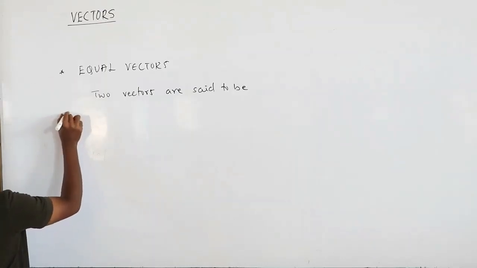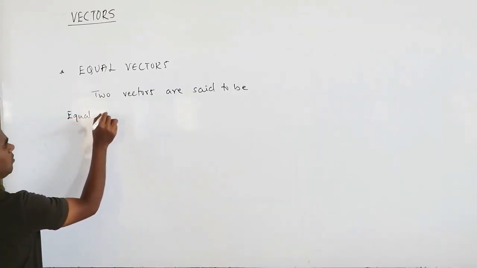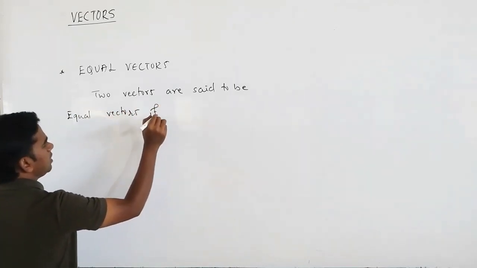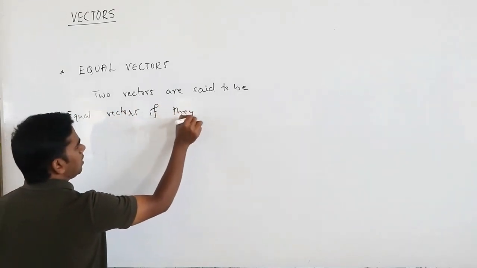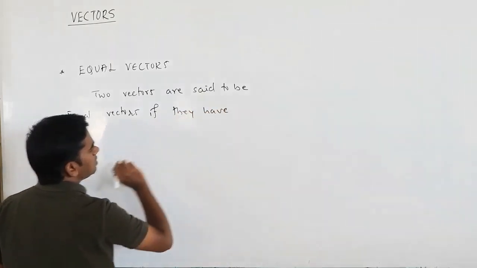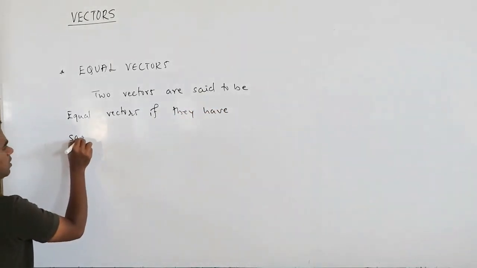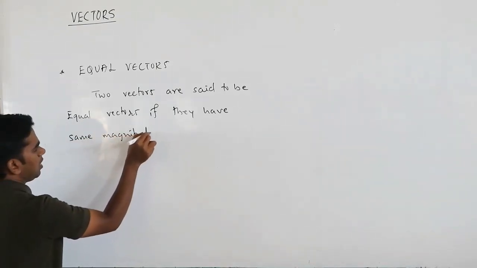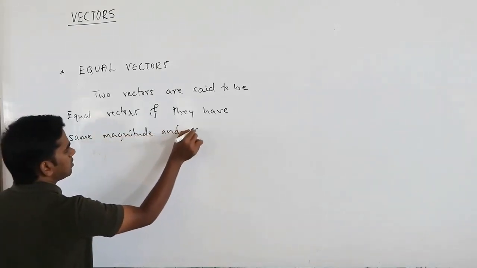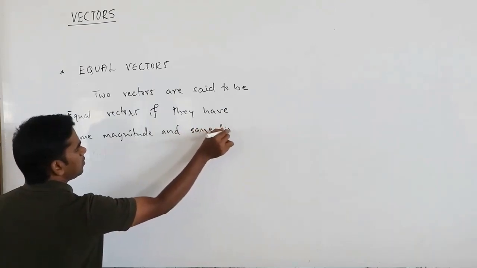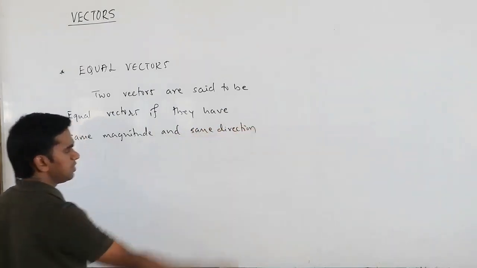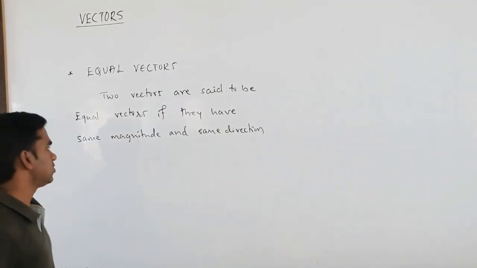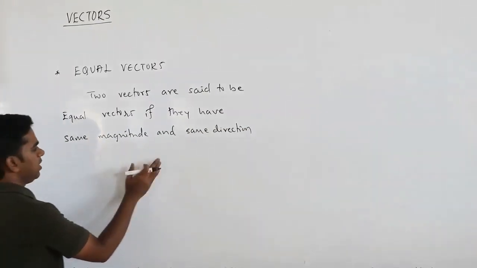Two vectors are said to be equal vectors if they have same magnitude and same direction. In case of a negative vector, it is same magnitude but opposite direction. Here it is same magnitude and same direction.